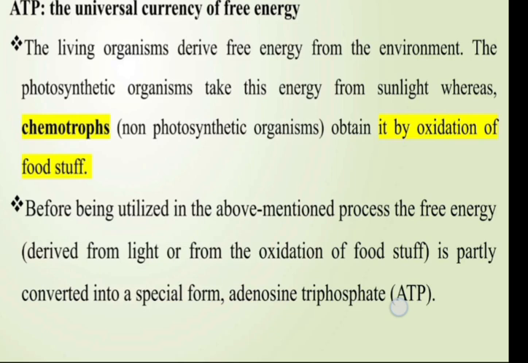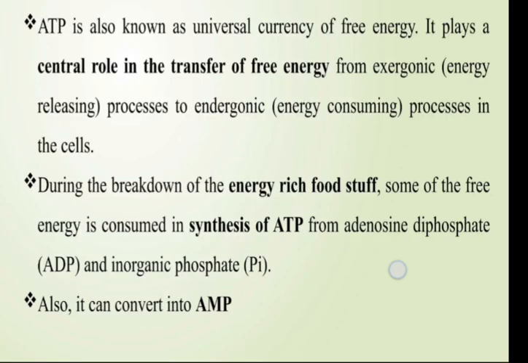Before being utilized in the above mentioned processes, the free energy, that is, the energy derived from the light or from the oxidation of foodstuff, is partly converted into a special form, adenosine triphosphate. ATP is also known as the universal currency of free energy.